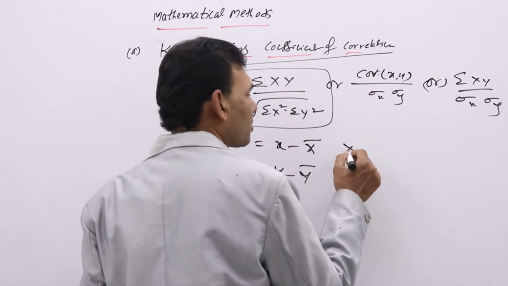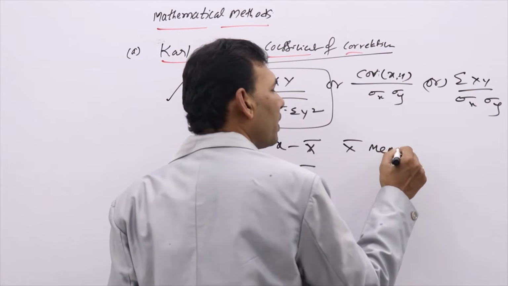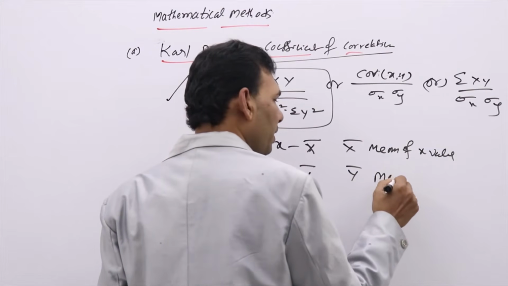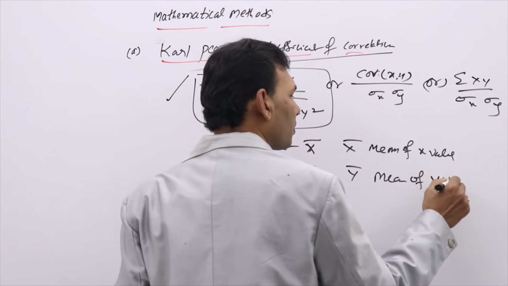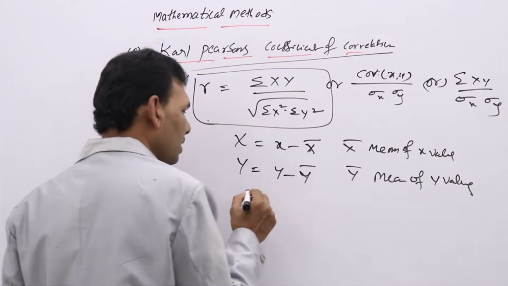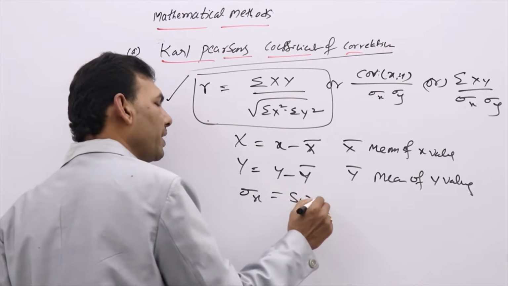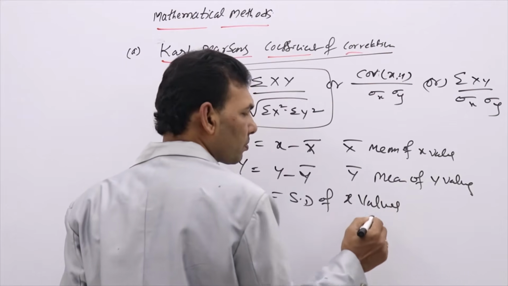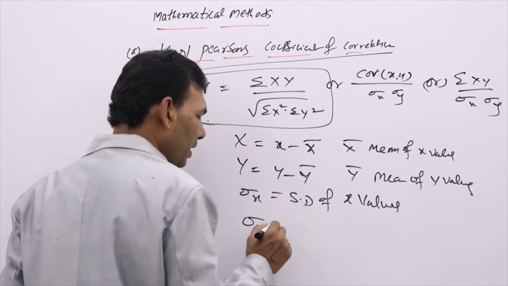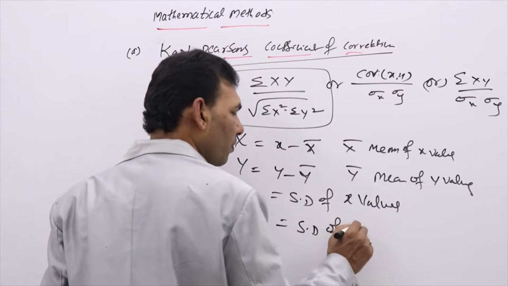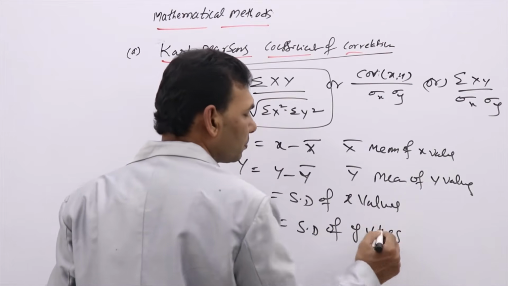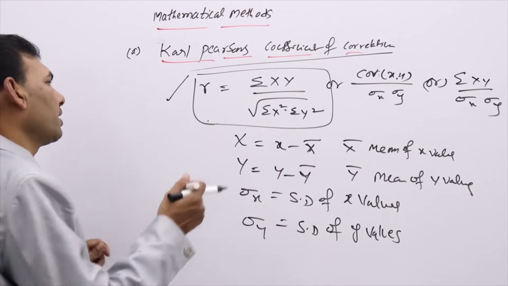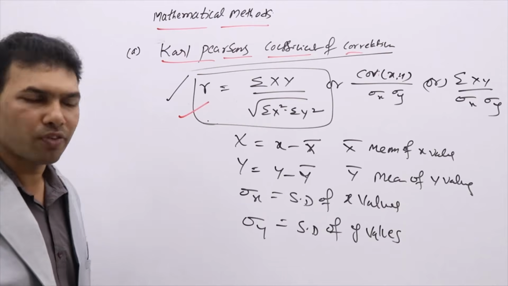Here x bar is the mean of x values, y bar is the mean of y values, sigma x is the standard deviation of x values, and sigma y is the SD of y values. We prefer this one to calculate the coefficient of correlation.